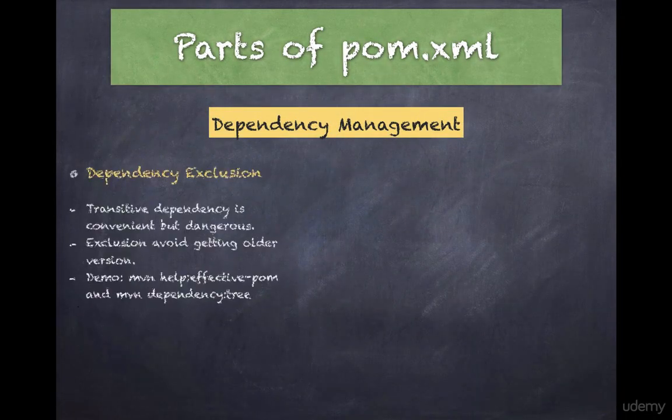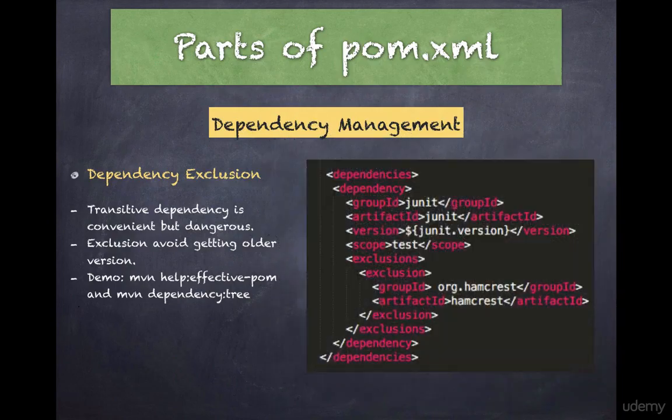Dependency exclusion. To avoid the issue of transitive dependencies where Maven may pull unwanted or older versions of transitive dependencies, Maven provides a feature called dependency exclusion. Dependency exclusion helps to avoid getting a selected set of transitive dependencies.